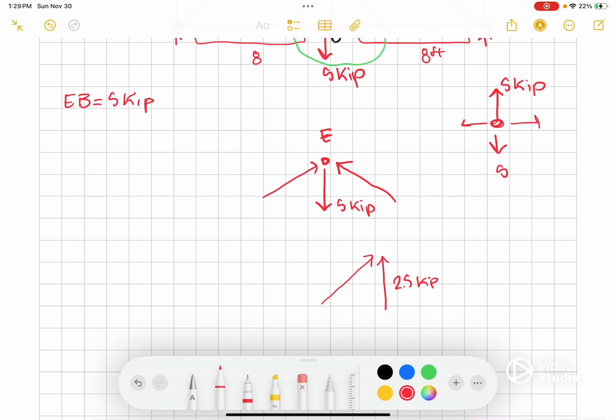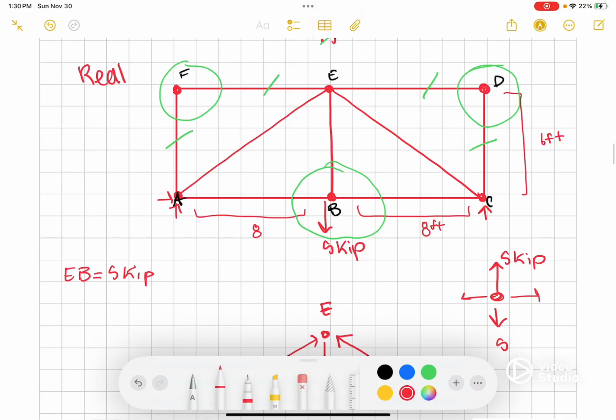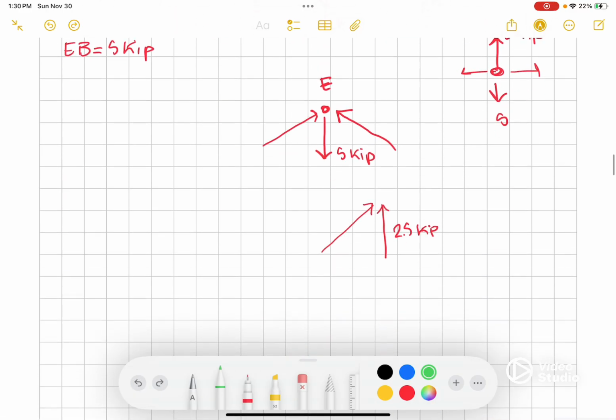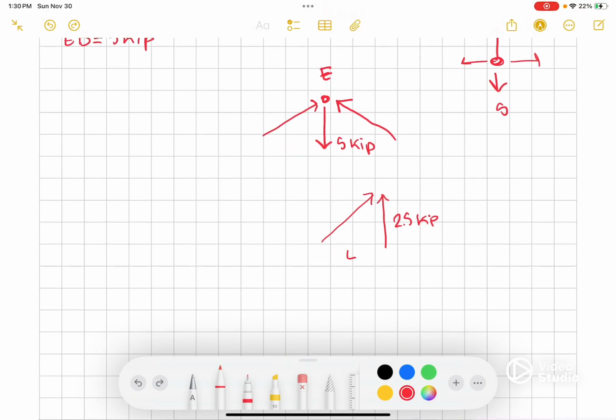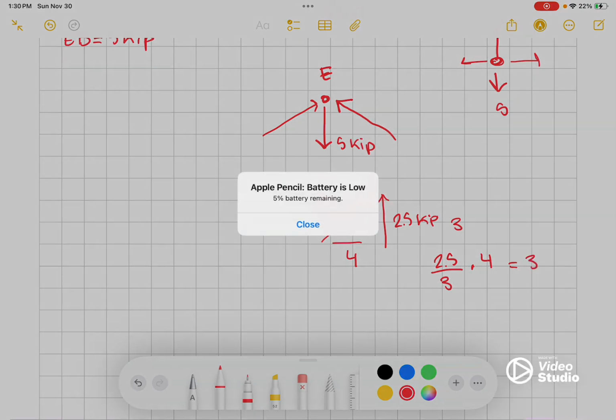And we know that this is still a 3, 4, 5 triangle. So we've got 4, 3, 5. If we do 2.5 divided by 3 times 4, we'll get our horizontal part, and that's going to equal 3.3.